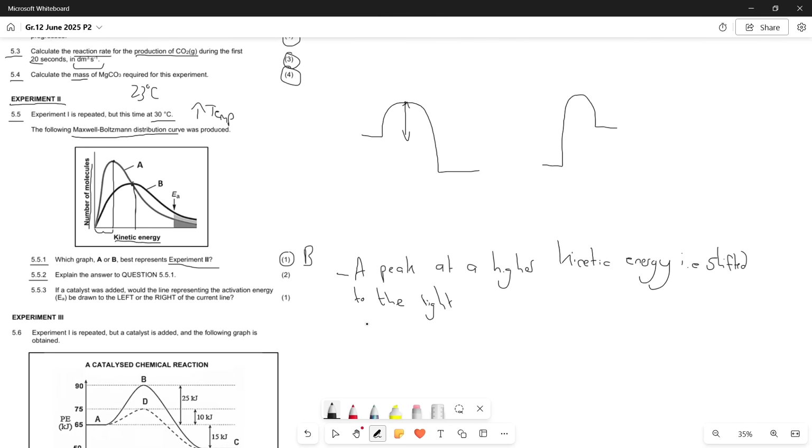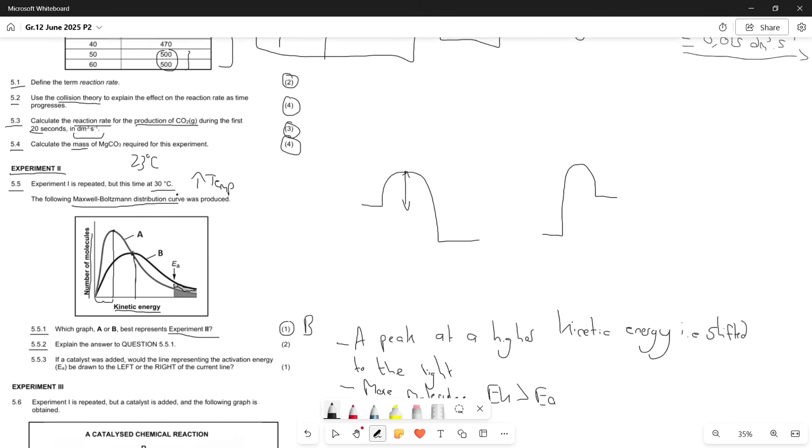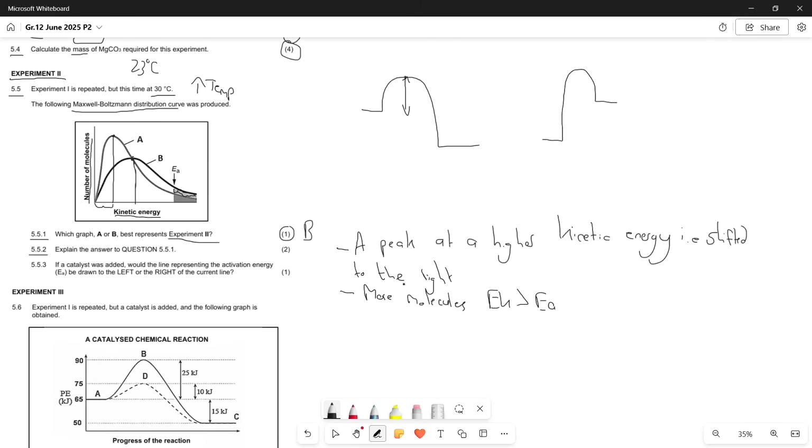And the second part is that more molecules have a greater EK than our activation energy. So we write more molecules, their kinetic energy is greater than the activation energy, which means we get a little bit more conversion from reactant to product. And that just earned us 2 marks, talking about the peak and then the amount of molecules that actually convert from our reactants to our products.